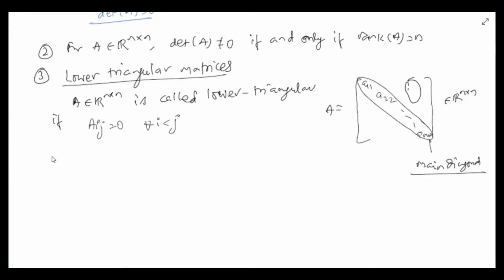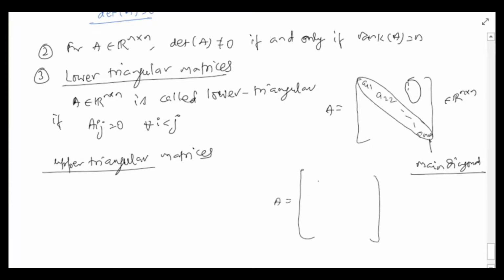We can similarly define upper triangular matrices as before. Let us consider A, which is n by n, and this is its so-called main diagonal.